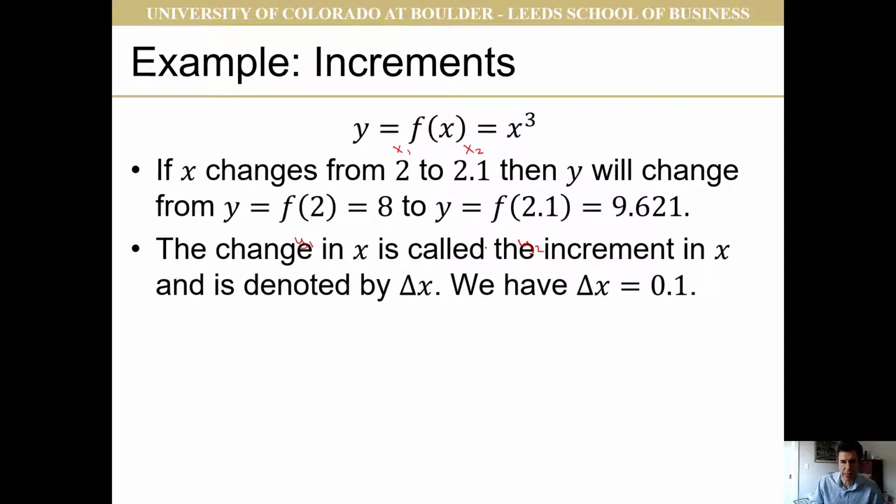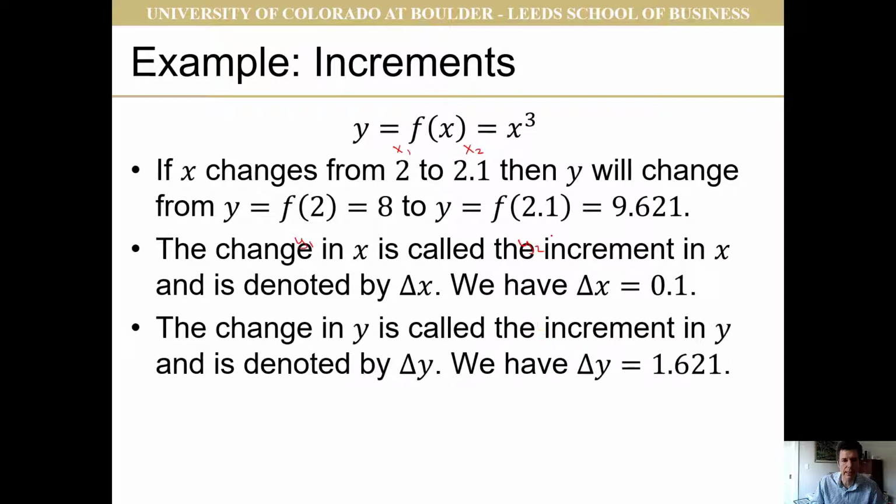The change in x is called the increment in x, denoted by delta x. So delta x in this example is 0.1. And the change in y is called the increment in y, denoted by delta y, or sometimes delta f, which is 1.621. Delta x and delta y are numbers.